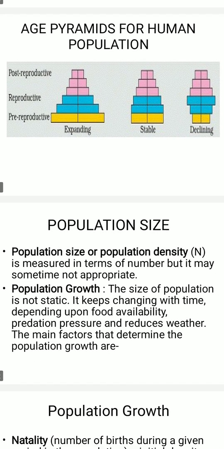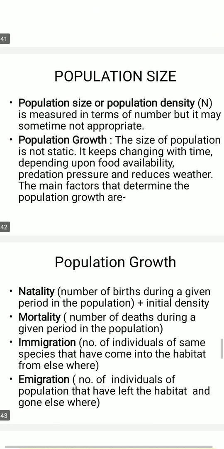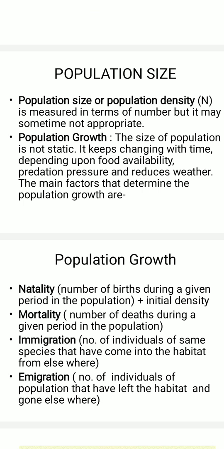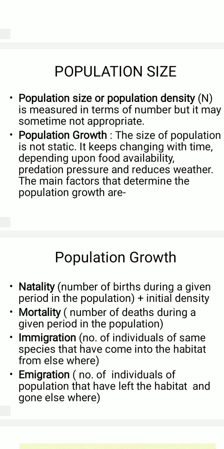Population growth. The size of the population is not static. It keeps changing with time depending upon the availability of food, predation pressure, and also reduces with respect to survival. The main factors that determine the population are natality, mortality, immigration and emigration.